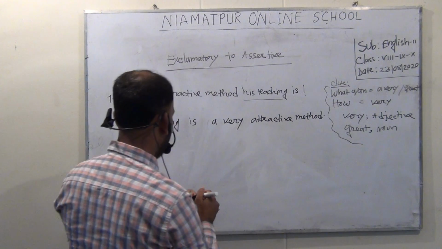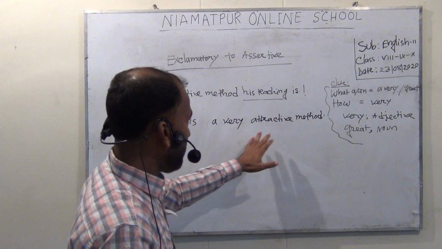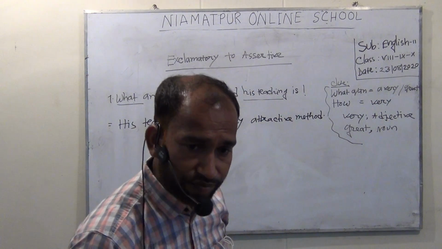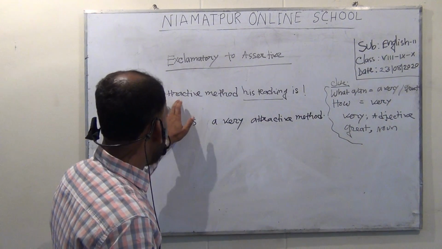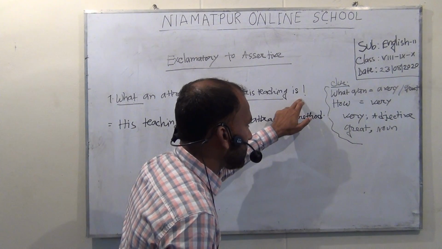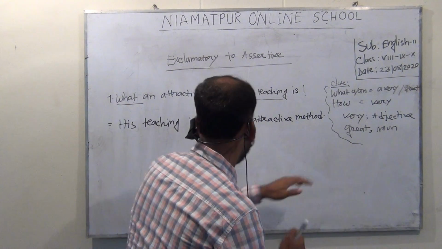Very attractive method. His teaching is a very attractive method. Exclamatory sentence: What an attractive method his teaching is. And assertive: his teaching is a very attractive method.